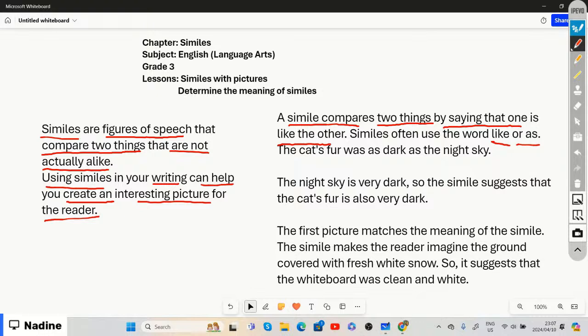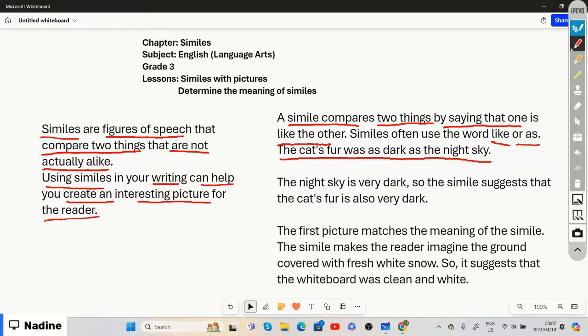All right. If we look at an example of a simile, it says, "The cat's fur was as dark as the night sky." This means that we are comparing the darkness of the cat's fur to the night sky.